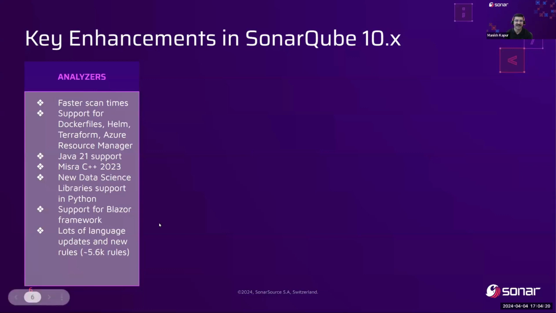We recently added Java 21 support, so we can scan rules and do analysis of your Java 21 code. We added support for MISRA C++ 2023 rules in 10.x. This is particularly important for people who are building C++ applications and require safety critical rules as part of their development efforts.